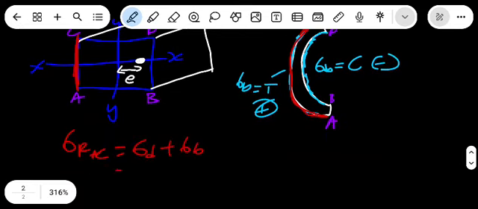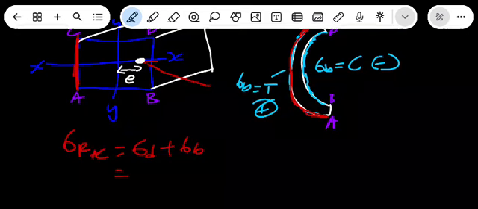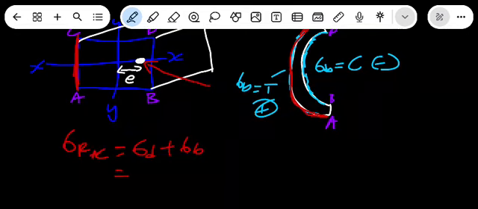Now this force is acting like this, as the arrow I'm showing. That means it's compressive, so it will be negative. The direct stress is force divided by area.